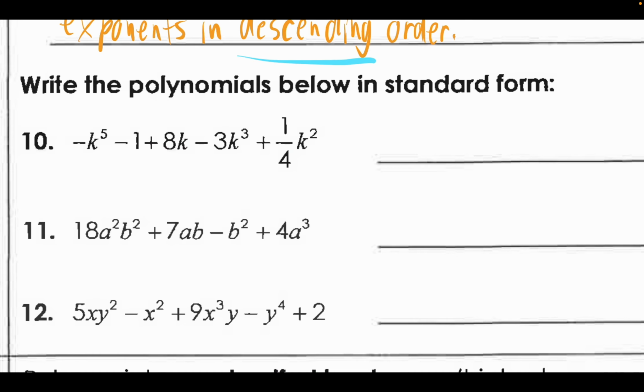So this will be our first term. I'm going to put 1 underlined underneath that since that comes first. Then secondly, our next highest exponent is this negative 3k cubed. So I'm going to put 2 underlines since I'm going to put that second. And then third will come 1/4 k squared since that is our third highest exponent. So I'm putting 3 underlines so I know it comes third. And then fourth will be 8k to the first, and then last but not least will be -1.